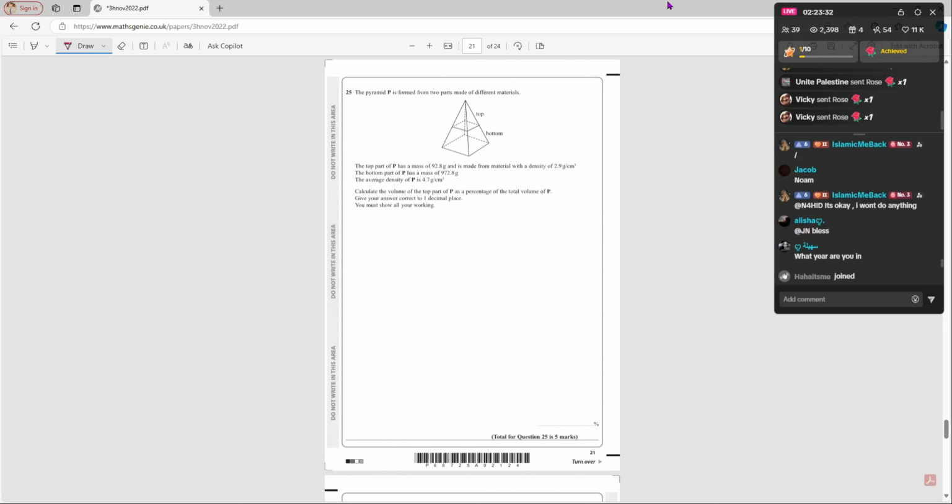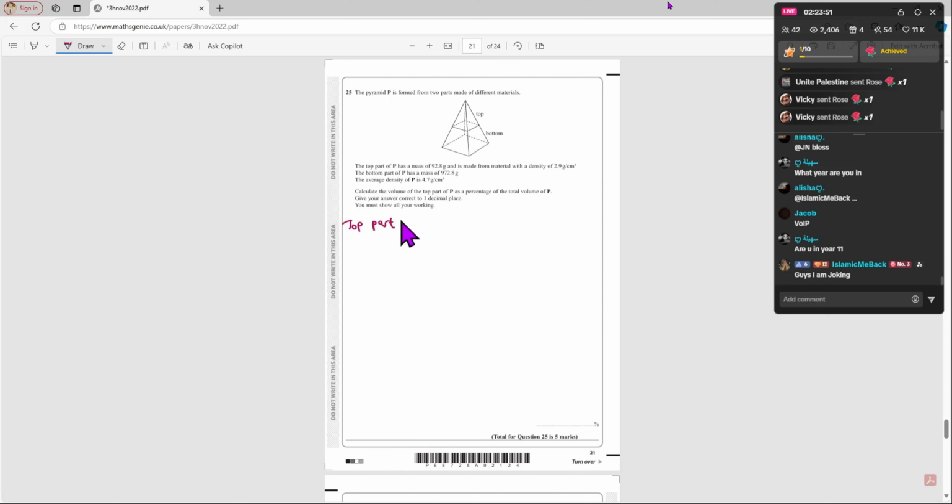So, we know that we have to work out the volume of the top part. The missing thing is the volume.